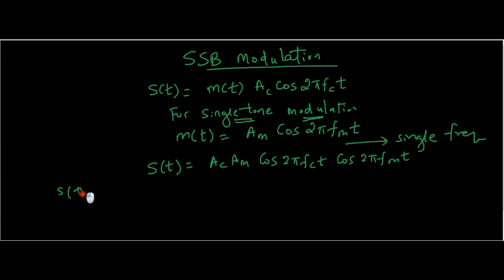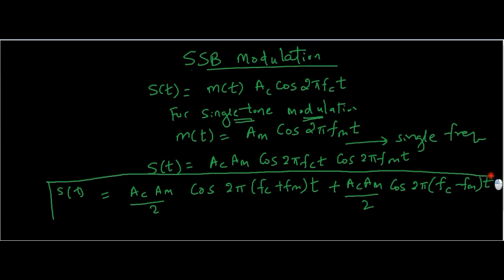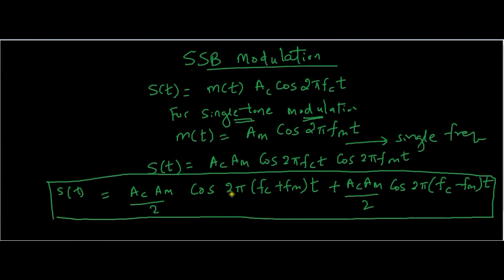So s of t will look like Ac Am by 2 cos of A plus B, so cos 2 pi (fc plus fm) t, plus Ac Am by 2 cos 2 pi (fc minus fm) t, once fc is greater than fm. So this is nothing but our DSBSC equation.